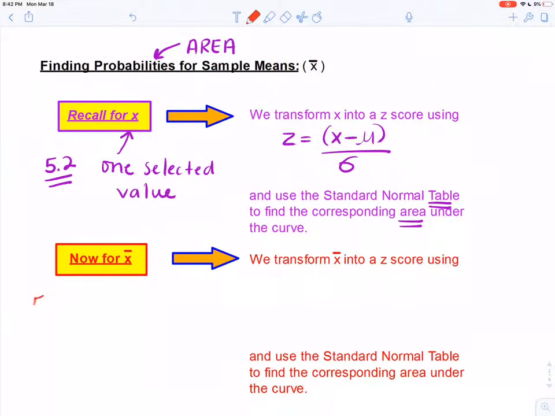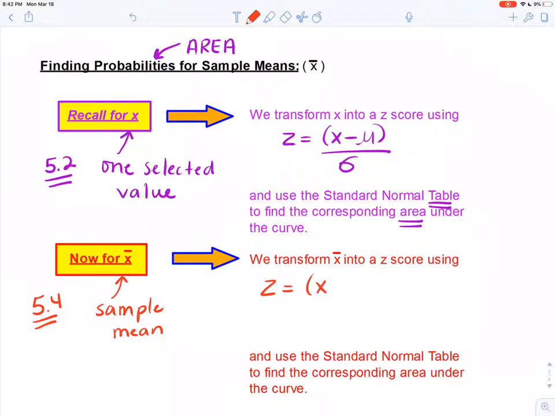All right, now again, in 5.4, in this section, what we want to do is apply that same concept to working with a value of x bar, which is a sample mean. Now the process is not going to change. We're still going to convert to a z-score. We're still going to use our table to get the area.